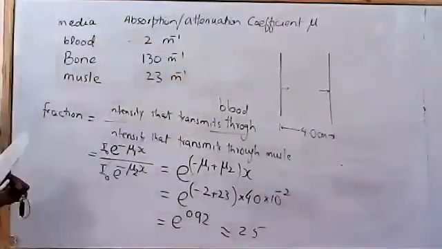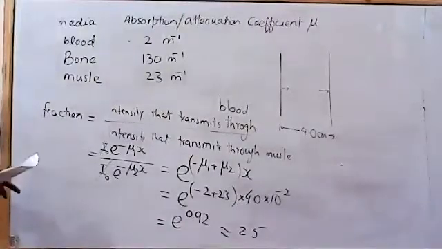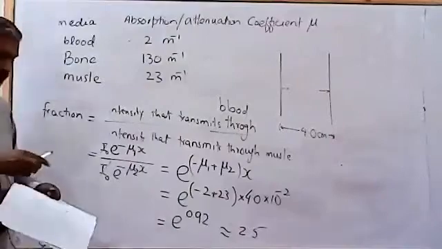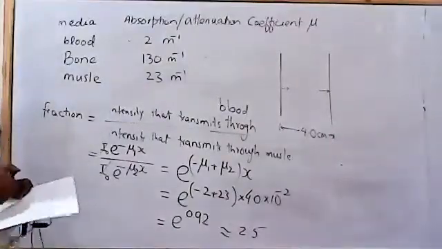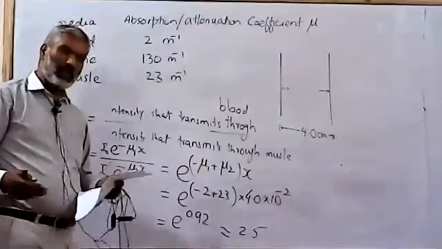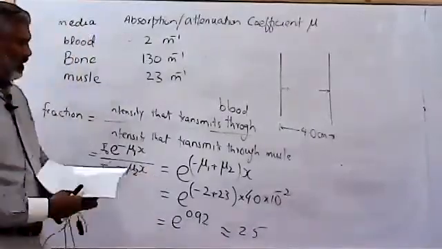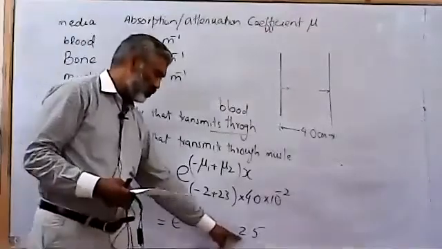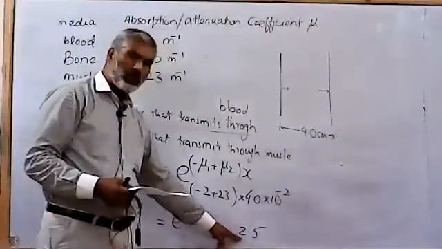So the fraction of the intensity that transmits through blood to the intensity that transmits through muscle, if the original intensity is the same and the thickness of the two sections of the body is kept the same, comes out to be 2.1.